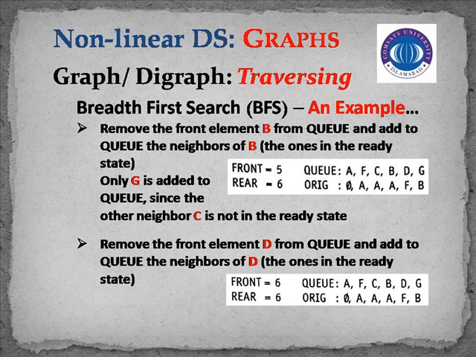Only G is added to the queue, as you may have noticed, because the other neighbor C is not in the ready state. After that, remove the front element D from the queue and add to the queue the neighbors of D, the ones that are in the ready state.